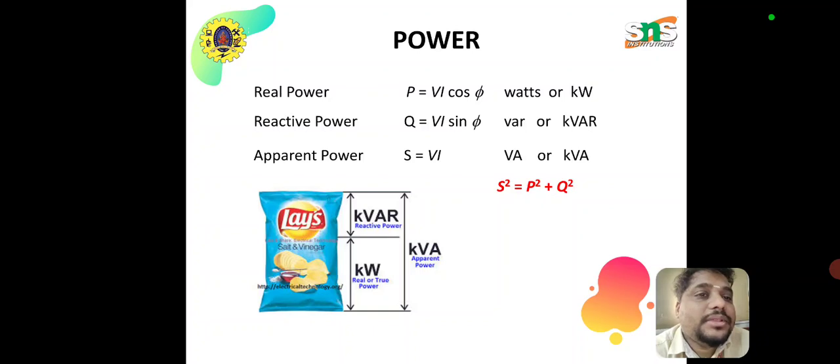Likewise, apparent power is the total power, which does not have any cosine or sine angle. We can measure it directly from the input voltage and current. Apparent power is S equal to VI.